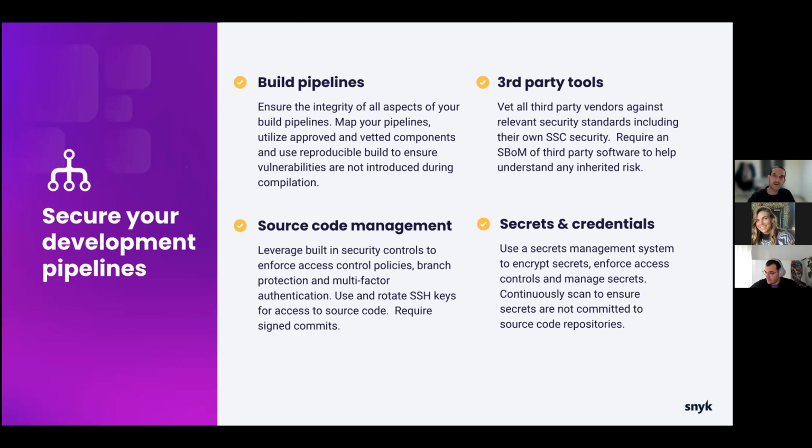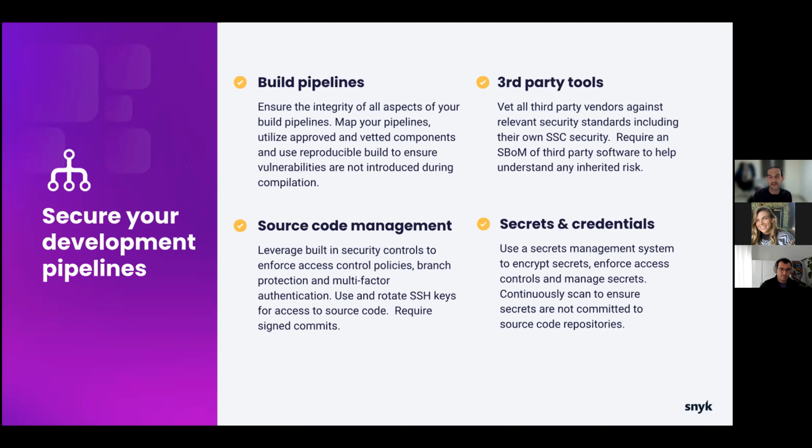And then we've got another category that fits into that securing your development pipelines building block, and that is the privileged credentials that we usually use to access our code and our scripts and tools, etc. So it's sensitive information like passwords, API tokens, SSH keys, etc. All of these need to be secured as well.